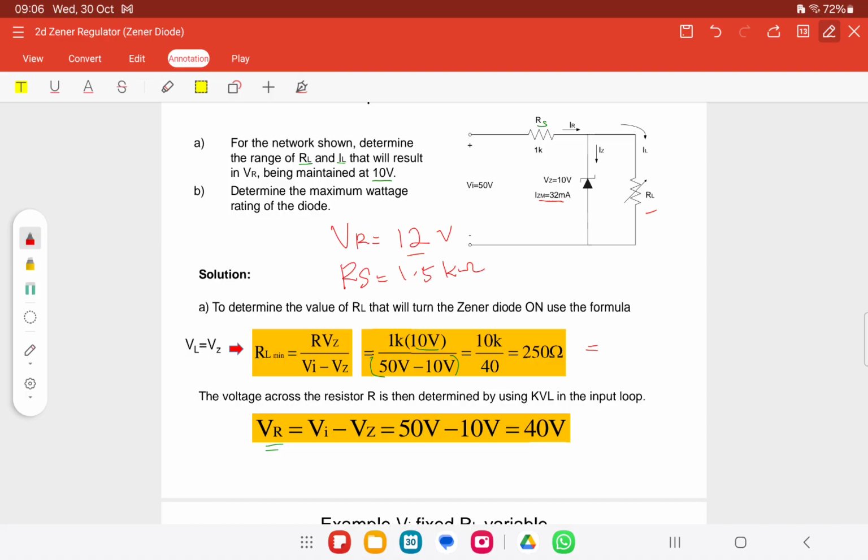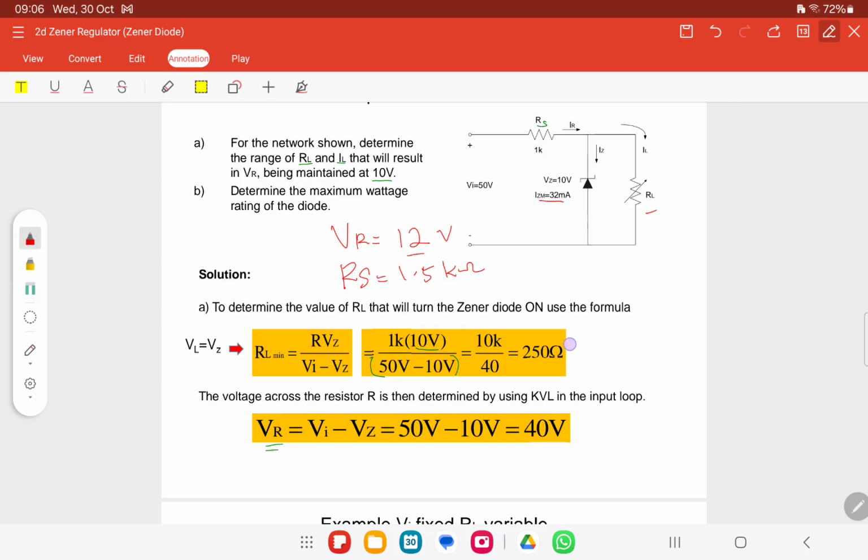1.5 darab dengan 10 volt over... tak, 50 tolak... bukan, VZ tu 12. Sorry. VZ 12.